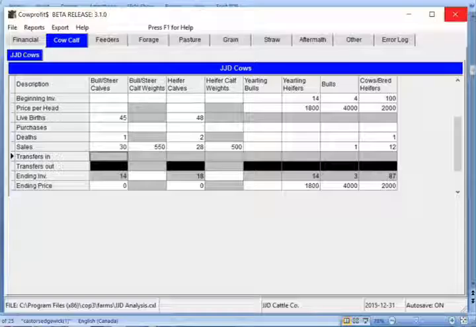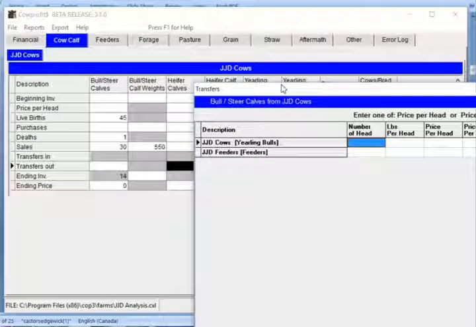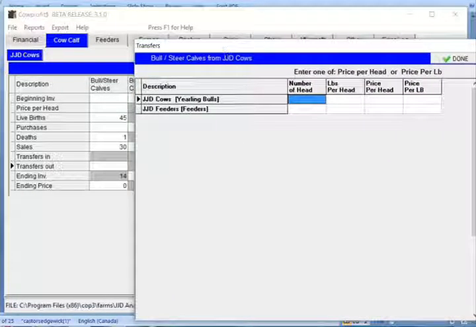Transfers in. We don't enter transfers in, we only enter transfers out, but this is where transfers will show up if there were animals transferred in from feeders. So transfers out in the black cell, what we do here is we'll double click on that and up pops another grid that allows us to enter in transfers out information.